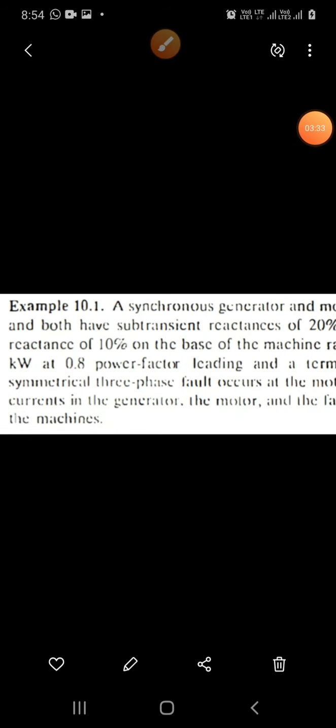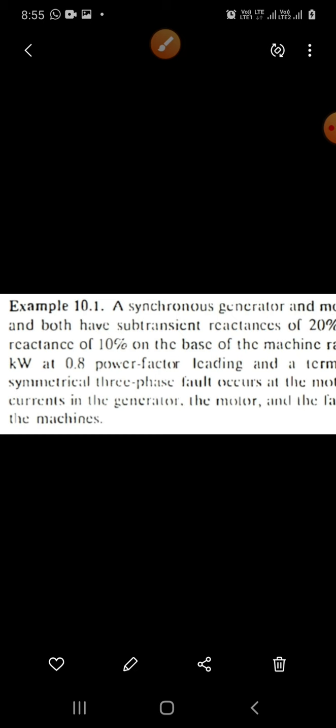Read the question carefully and try to understand the given data. You may write the given data first for your better understanding. Then, once you have written all the data given in the question, you can go for the solution to find out the sub-transient current in the generator and the motor.